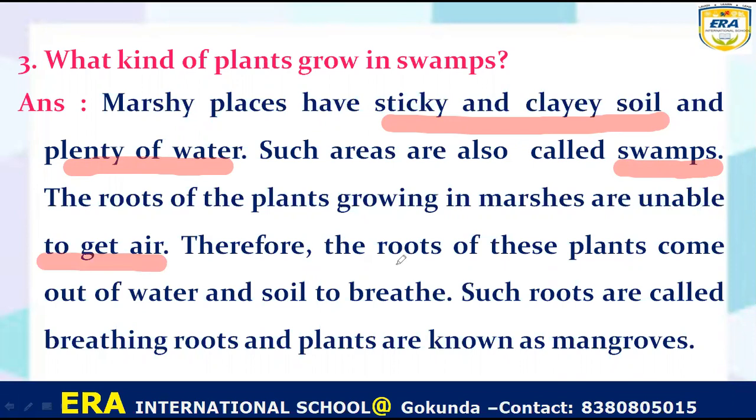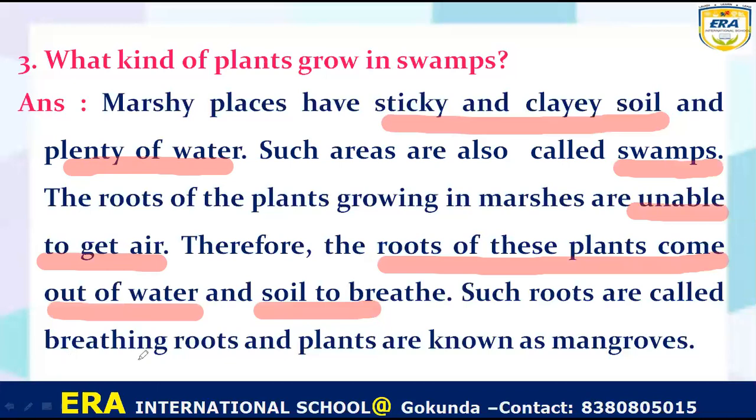So that's why the roots of these plants come out of the water and soil to breathe. Such plant roots are called breathing roots and the plants are known as mangroves.